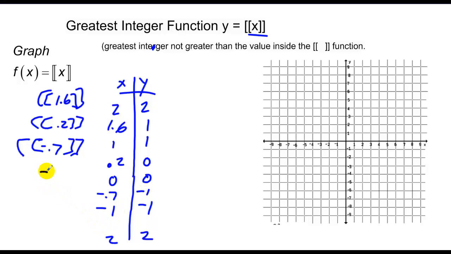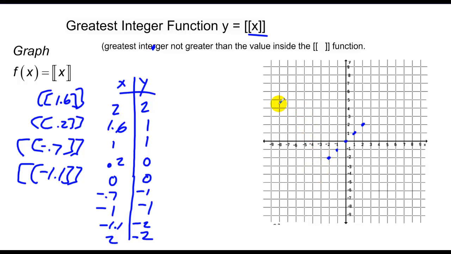Likewise, for -1.1, the integer that's not greater than -1.1 is equal to -2. So when I graph these, here's the 2, 2, 1, 1, 0, 0, -1, -1, -2, -2.